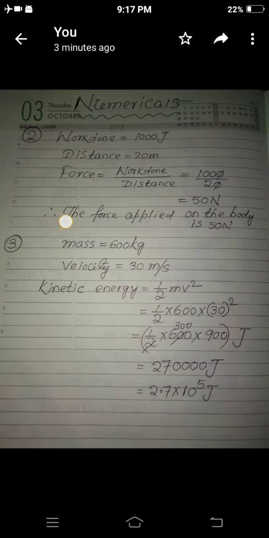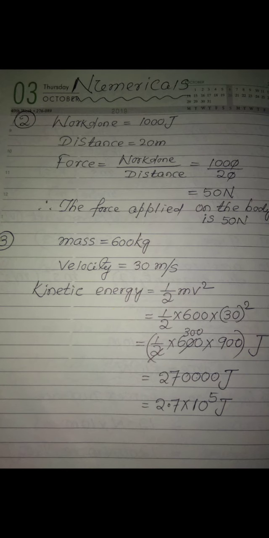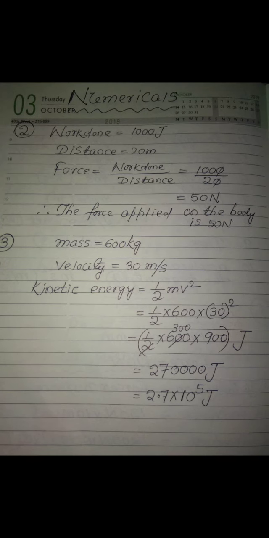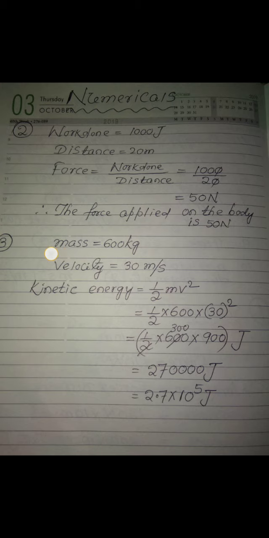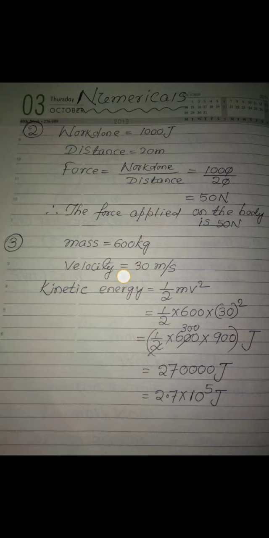Question number 3. Calculate the kinetic energy of an object weighing 600 kg moving at a velocity of 30 meter per second. According to this question, mass is given 600 kilogram, velocity equals 30 meter per second. Kinetic energy is asked.